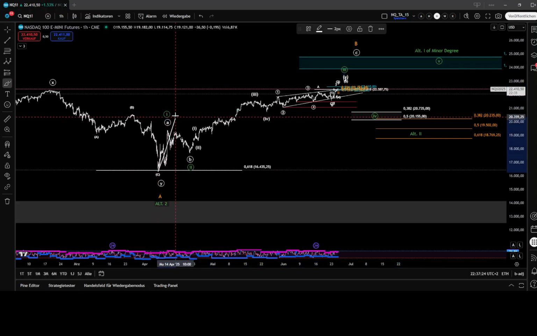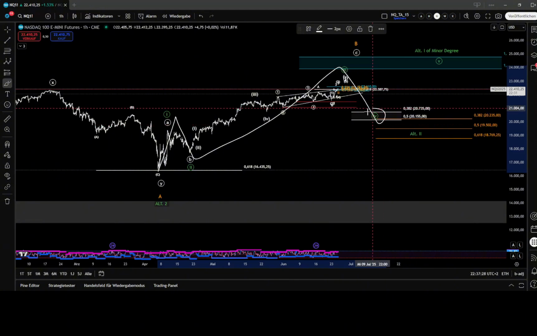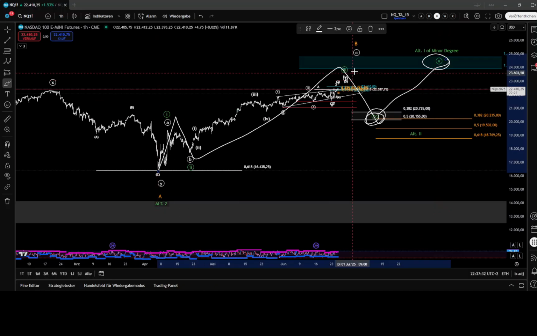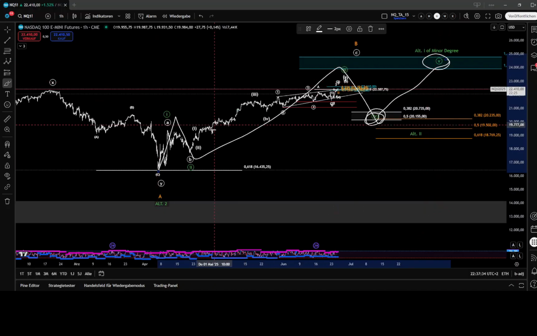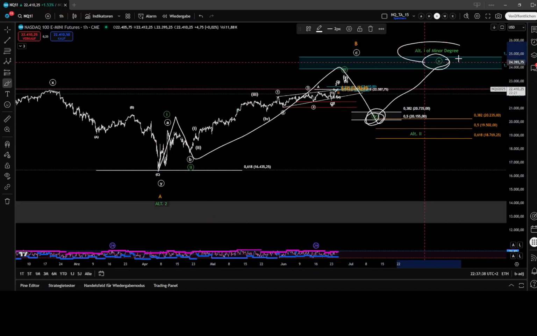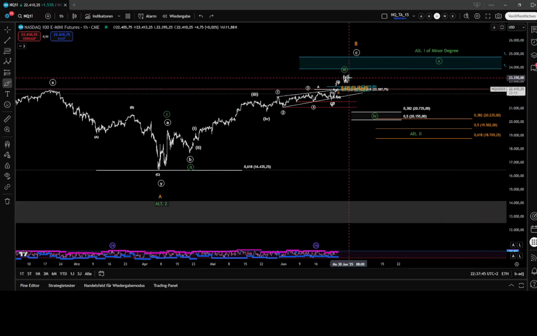That would be a wave 1, a wave 2, a wave 3, a wave 4 pullback, which is close to being due in my view. Then another 5th wave. And if we get these 5 waves up, no matter how they look internally, we could call that a wave 1 in my green count.